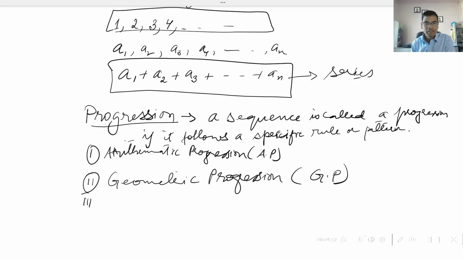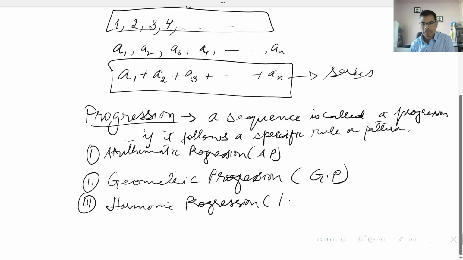And the third progression we call harmonic progression, or in short HP. In this session we'll be focused mainly on the second type of progression, GP. So let us see what is a geometric progression, or in short GP.